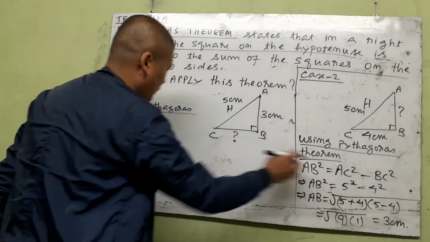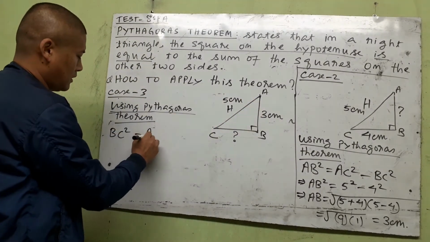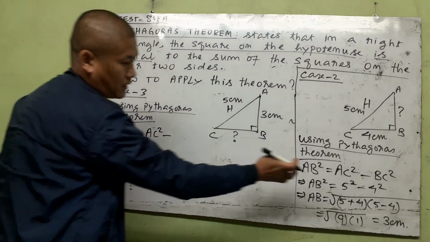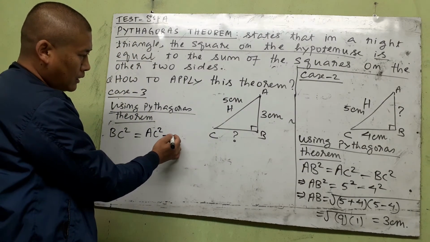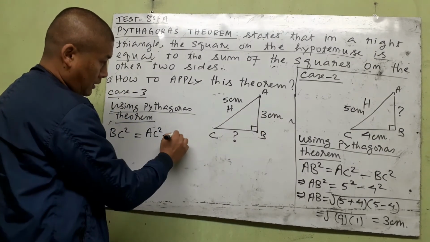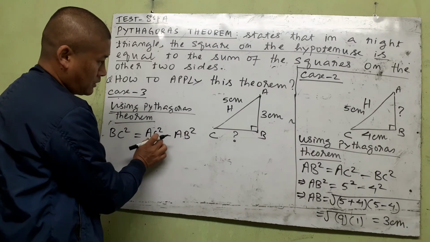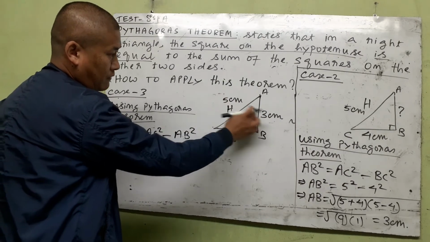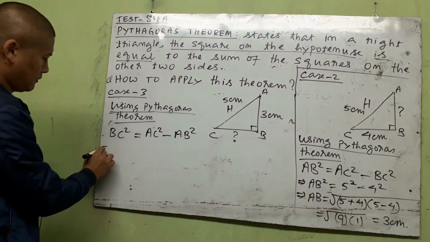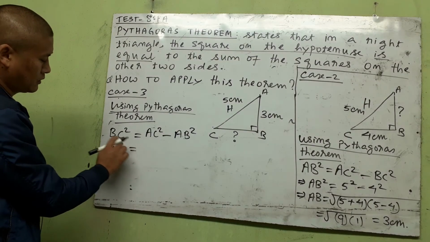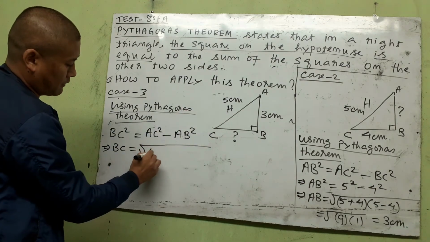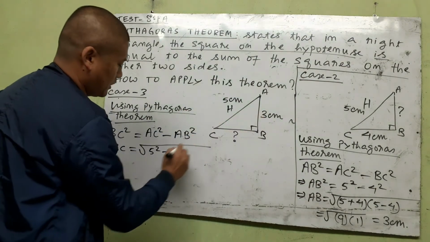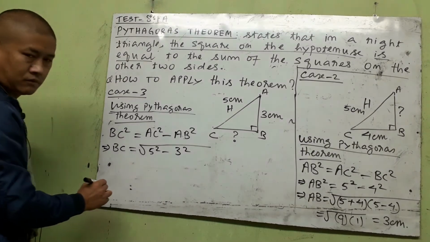Just like that, hypotenuse first, here AC square, then minus the known one, AB square. AC square, hypotenuse, known 5, 3. So that implies BC will be, square root means root over, AC here is 5, so 5 square, minus AB which is here 3 square, right?